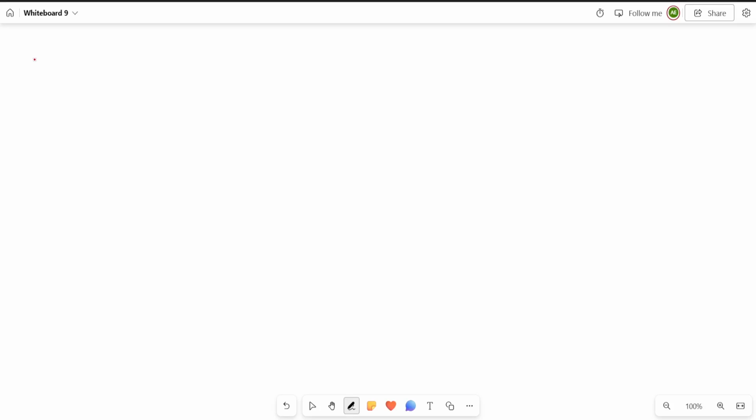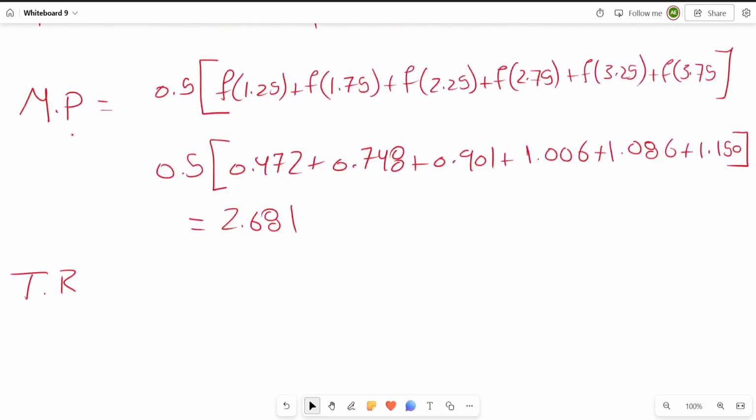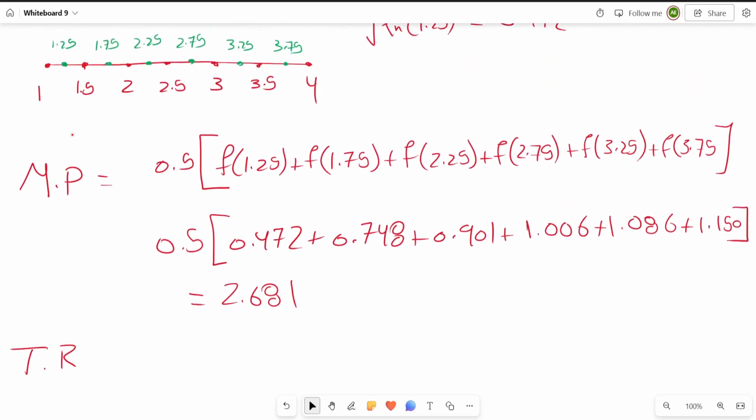So let's do the same question, but for the trapezium rule. So we have the same exact things over here.